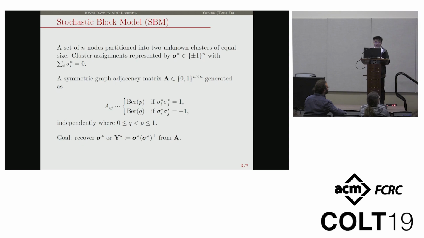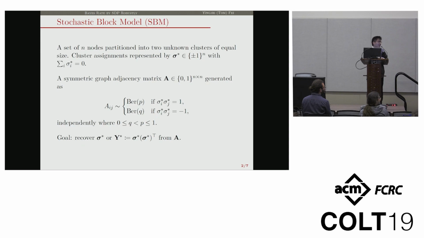So there are n nodes, and they are partitioned into two unknown clusters of equal size. There is also an assignment vector sigma star, taking value +1 and -1 and of length n. Because there are two equal clusters, the summation of the components of sigma star is 0. The observation we have is a graph adjacency matrix of size n times n taking value 0 and 1.